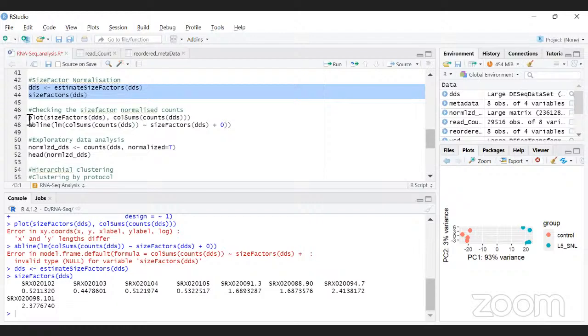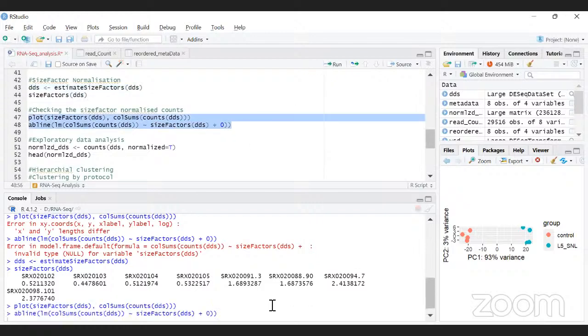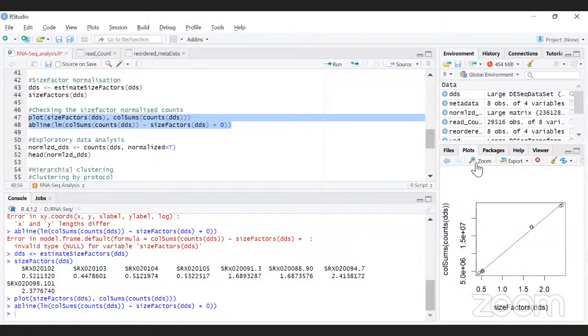And when you look at the plots, like we said before, the size factor does not account for gene length, but it accounts for the total number of counts that are present. Size factors are proportional to the total number of counts. They normalize for the RNA composition, that is nothing but the differential expression, and they also account for the total number of reads that are present. It's just a plot to showcase that.